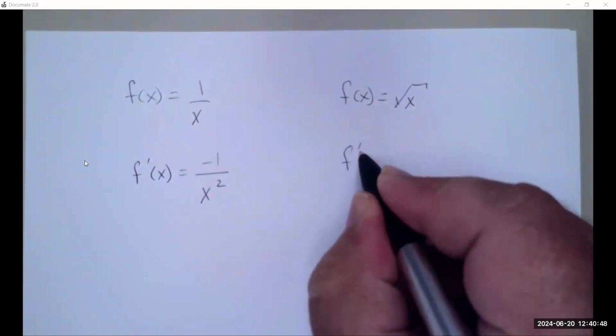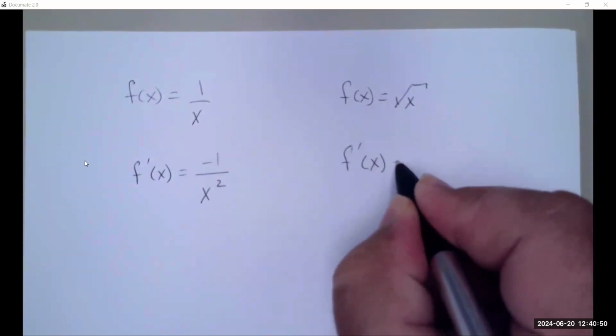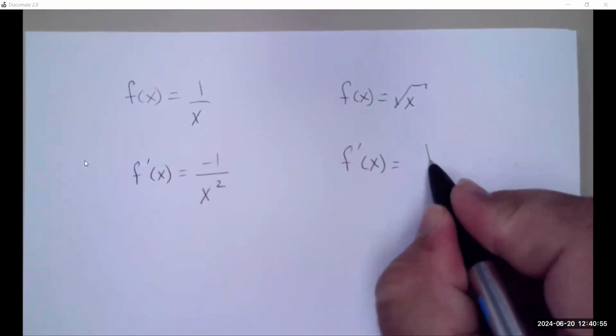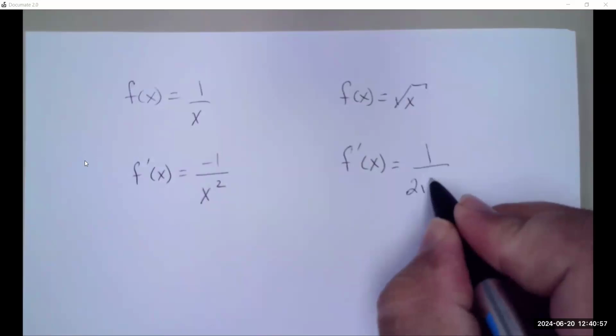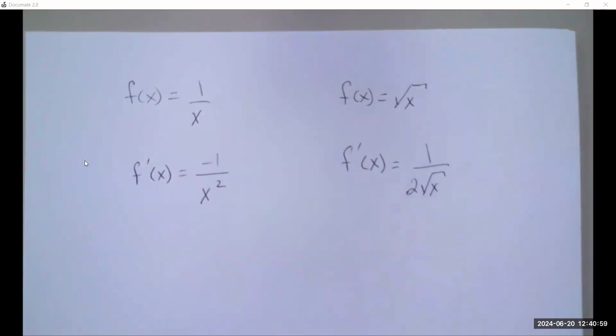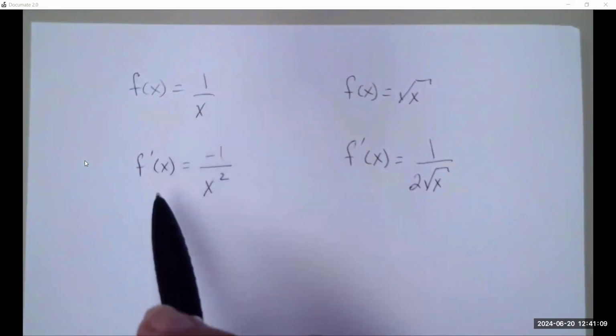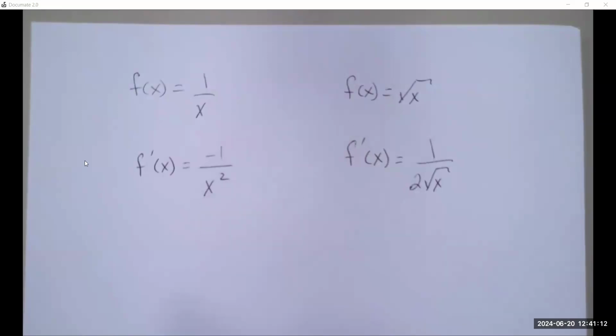The derivative of the square root of x. So these we can keep on using as quick reference instead of going through the whole process anymore. If you ever see a 1/x type of equation, then just make that derivative -1/x².